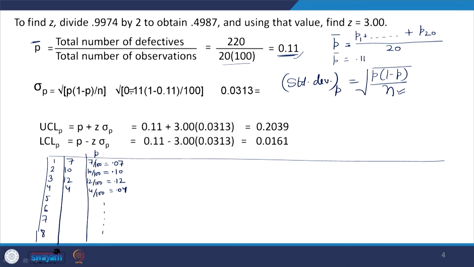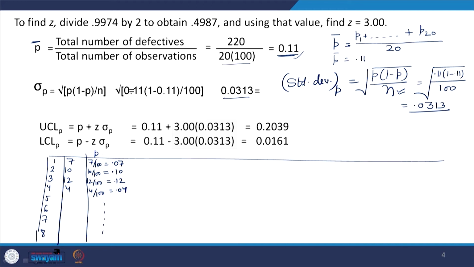Now this calculation gives p as 0.11, so 0.11 into 1 minus 0.11 divided by 100. This calculation comes to 0.0313.